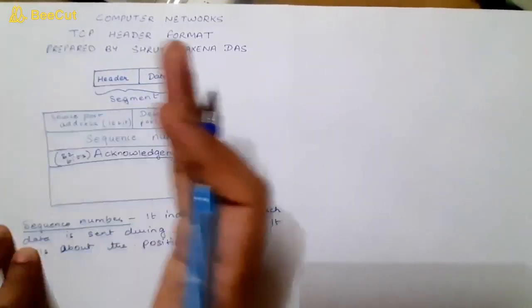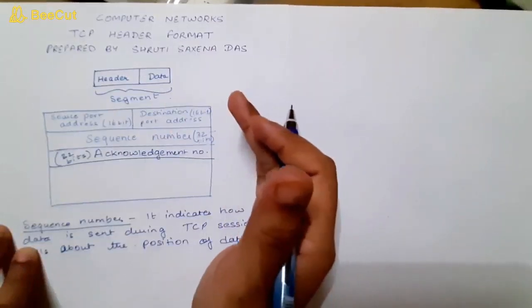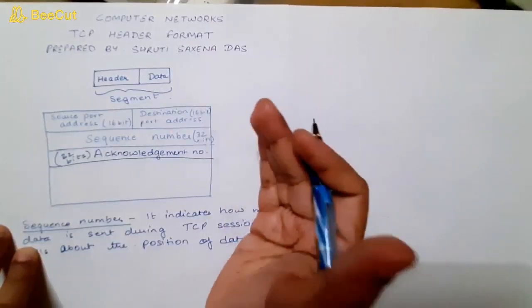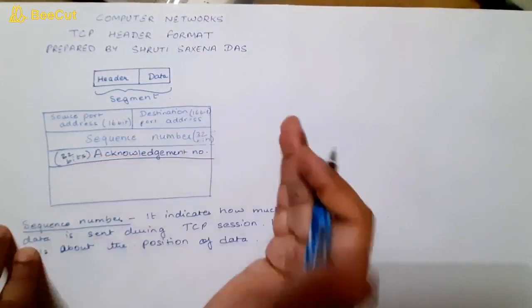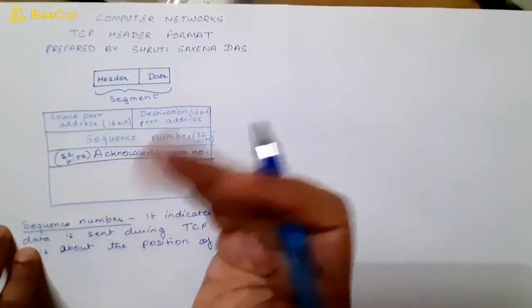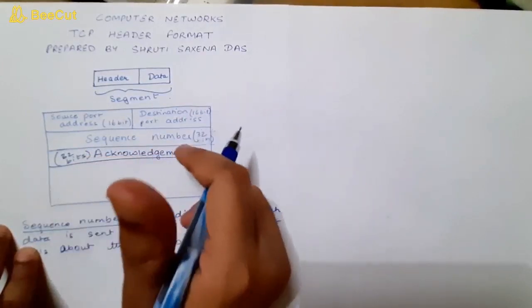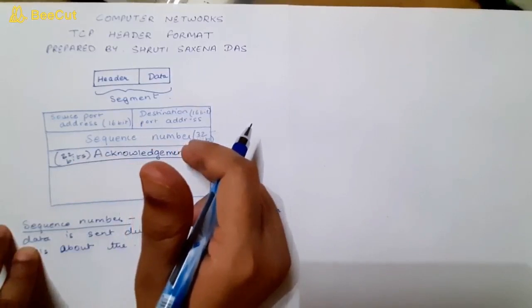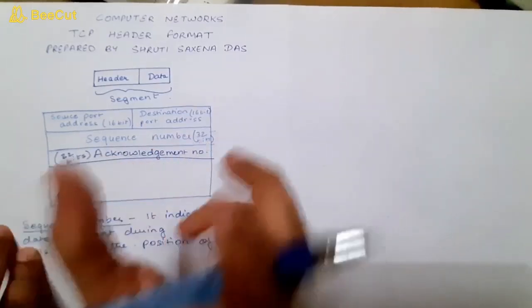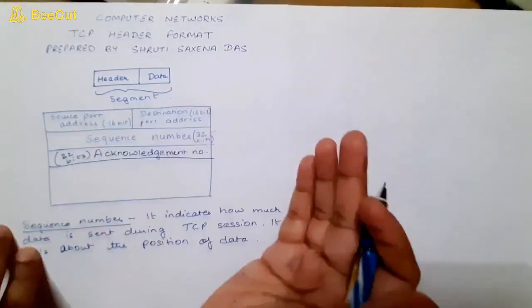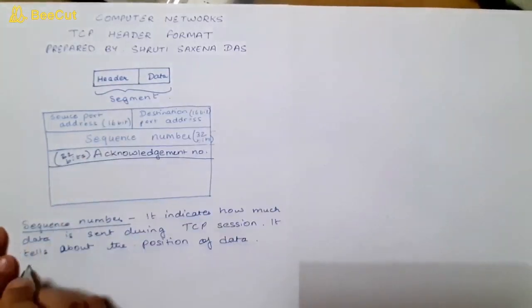Once the sender has sent one segment, the receiver must be expecting the next segment, so this acknowledgement number specifies the sequence number which is coming next.